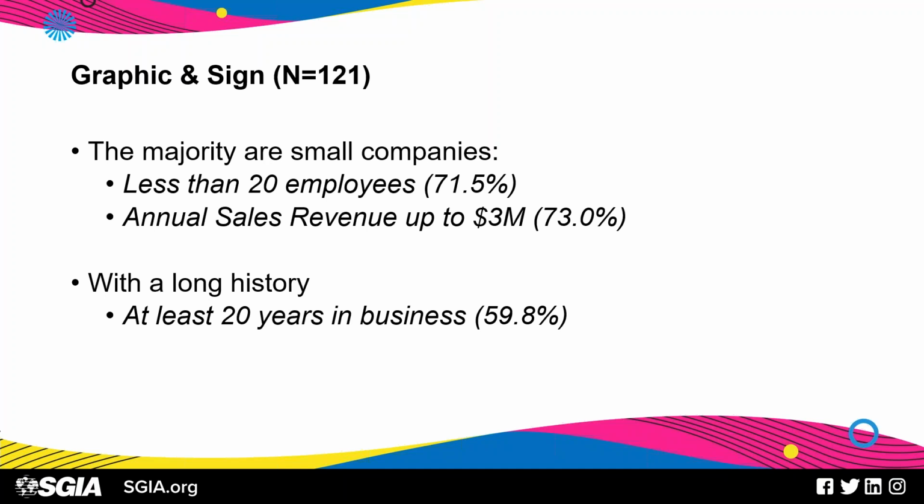Their annual sales revenue is up to $3 million, and this is true for 73% of the companies, about three-quarters of the respondents. Of course, those are companies with a long history, at least 20 years in business. This is the story for 59.8% of the respondents.